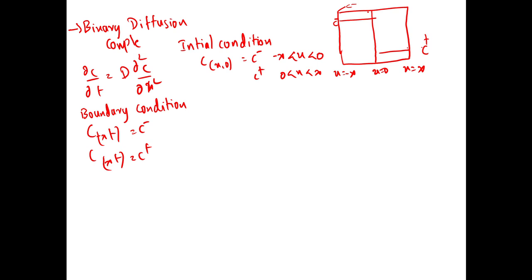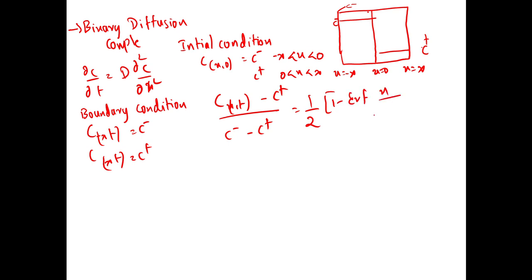And the solution for this diffusion equation, the general solution, will be c of x comma t minus c plus divided by c minus c plus equals 1 by 2 into 1 minus error function of x by 2 into root Dt.